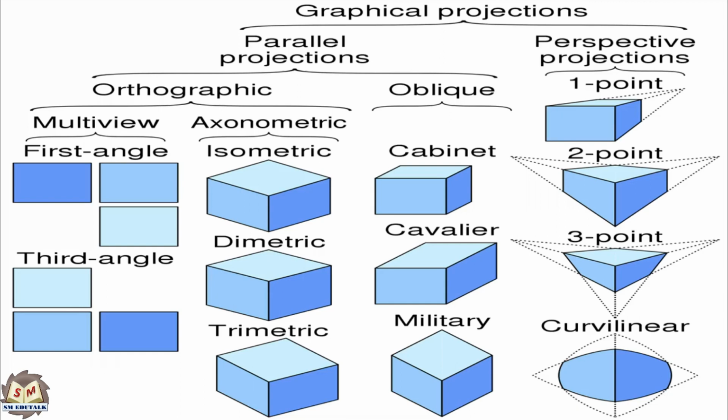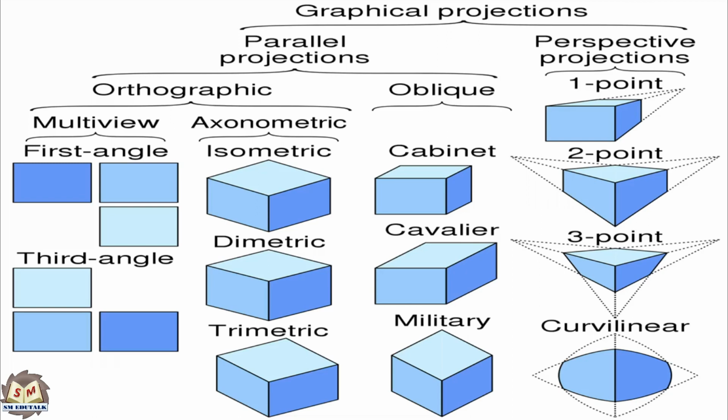Parallel projection can be classified as orthographic projection and oblique projection. Orthographic projection is further classified as multi-view projection and axonometric projection. There are four types in multi-view projection: first angle, second angle, third angle and fourth angle projection. But among the four, only first angle and third angle projection systems can be used.